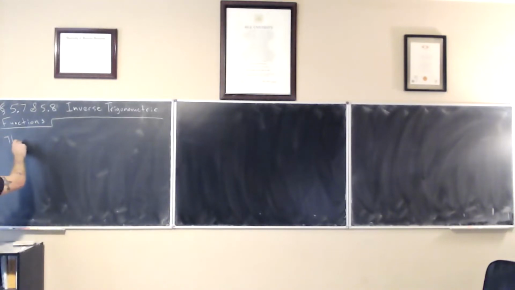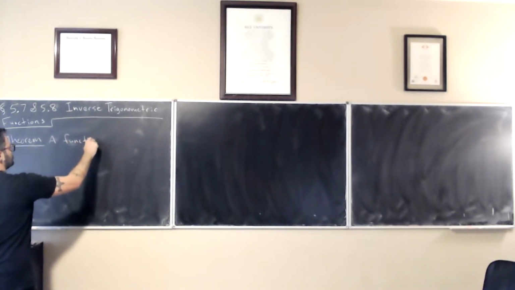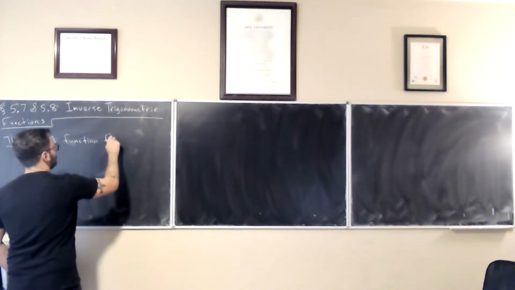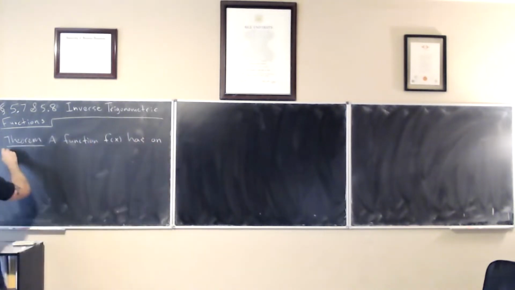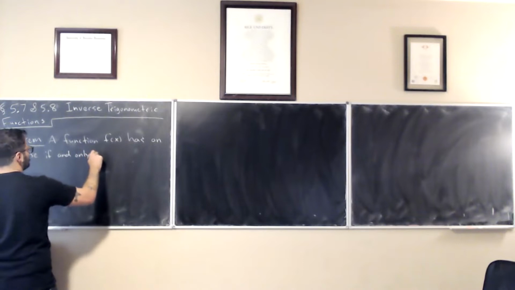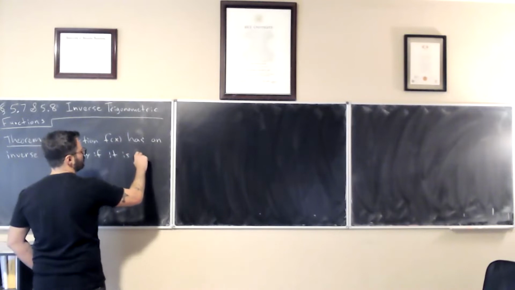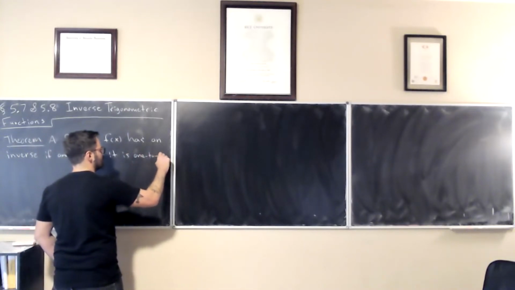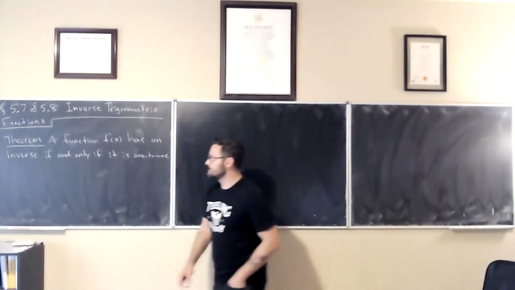It says a function f of x has an inverse if and only if it is 1-to-1. Okay, so that was a characterization that we had of a function having an inverse.